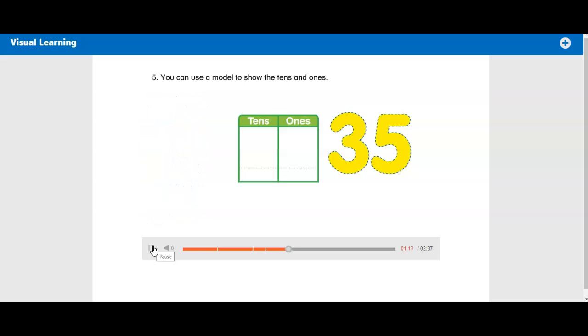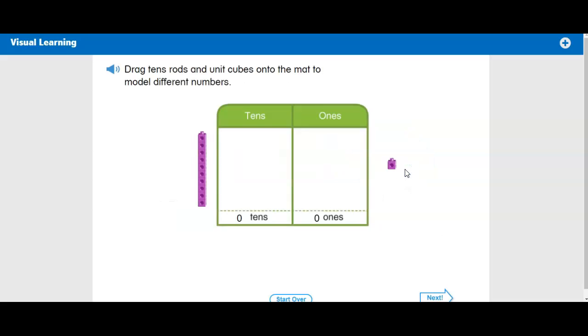You can use a model to show the tens and ones. Let's try it. Drag tens rods and unit cubes onto the mat to model different numbers. If I take a tens, I have 1 ten.